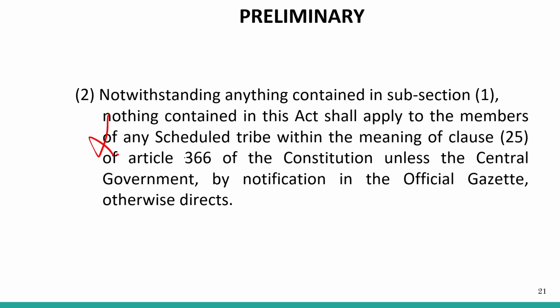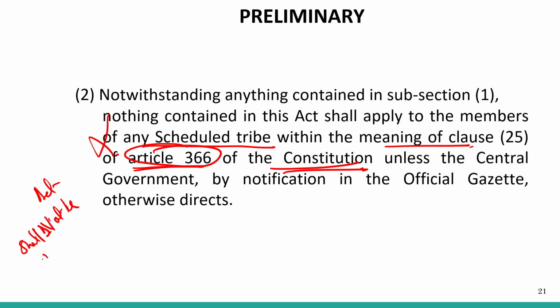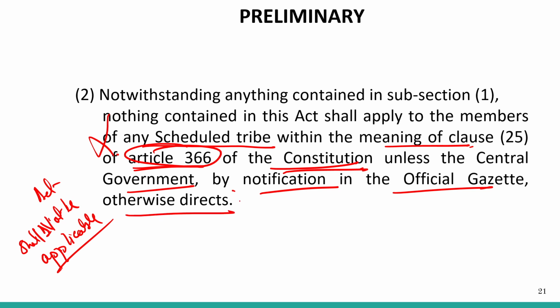This is something that we are not going to study. This is talking about Article 366 of the Constitution, which talks about the scheduled tribes. Within the meaning of this clause, by the notification, it says that if there is any community which is falling under Article 366 of the Constitution, then this act shall not be applicable, until and unless the central government by notification in the official gazette otherwise directs.